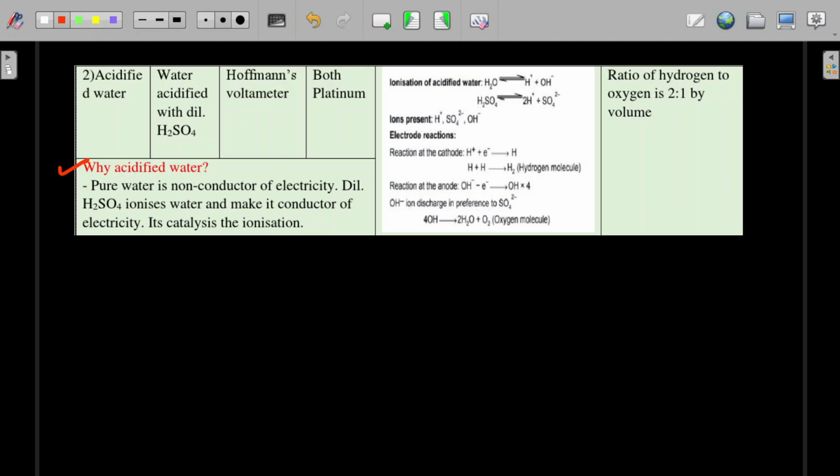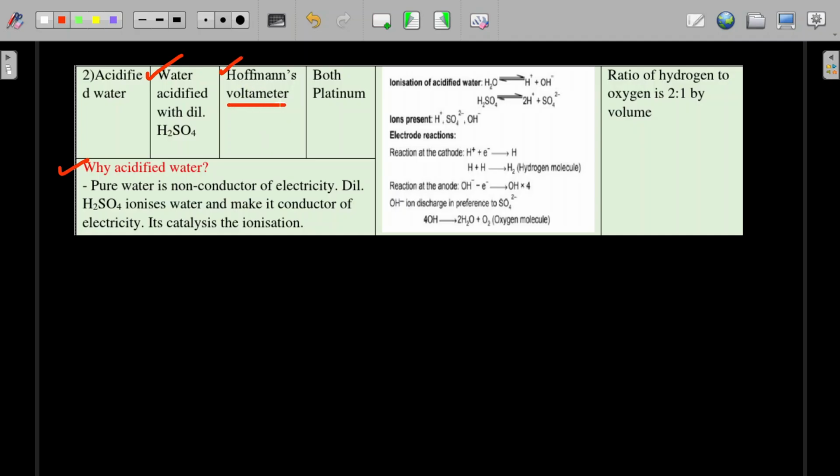Here, the electrolyte we are using is water acidified with dilute sulfuric acid, or you can simply write acidified water. And the electrolytic cell we use is a specific kind of apparatus called Hoffman's voltameter.